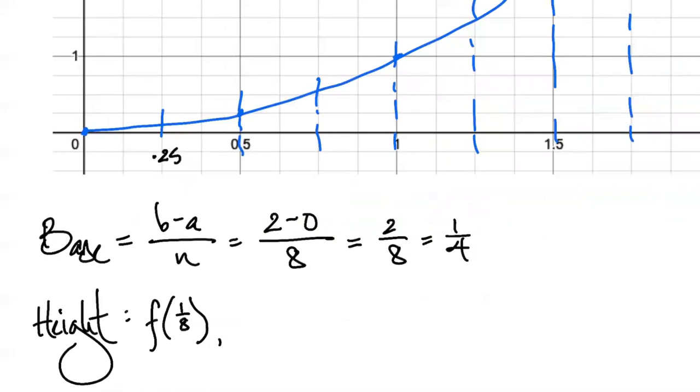What is the height of this second rectangle, the one sandwiched between 1/4 and 1/2 in terms of the x values? F of 3/8 would correspond to this x value.